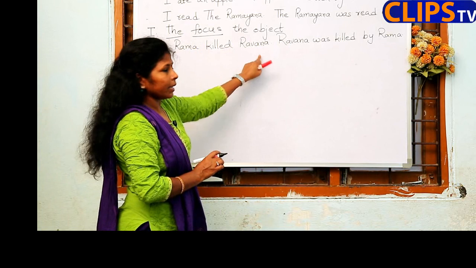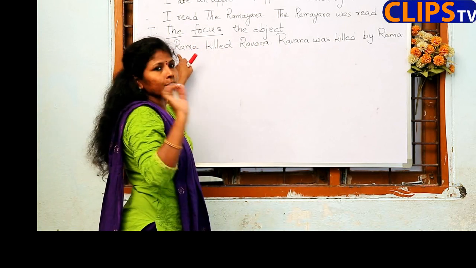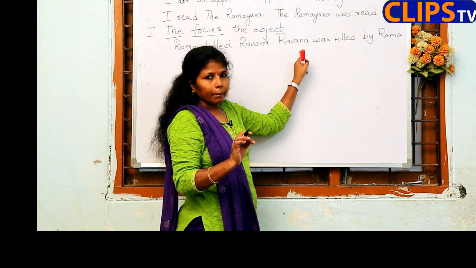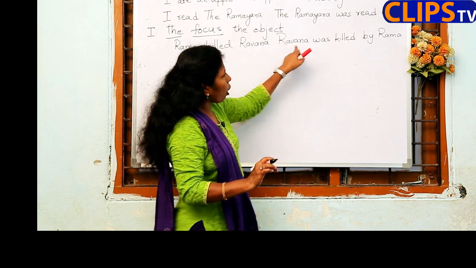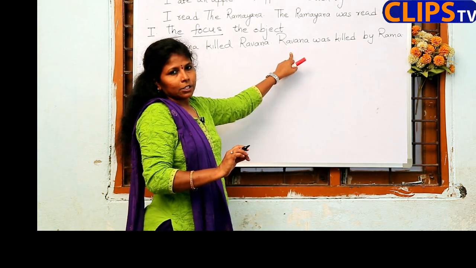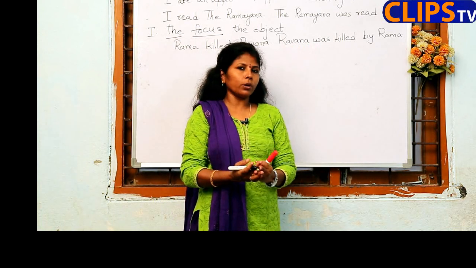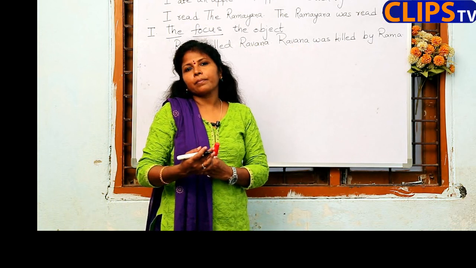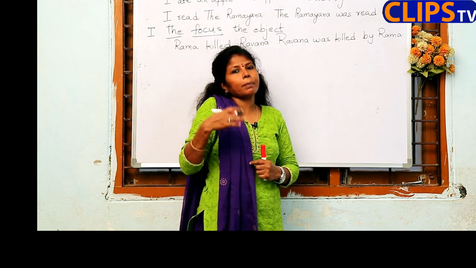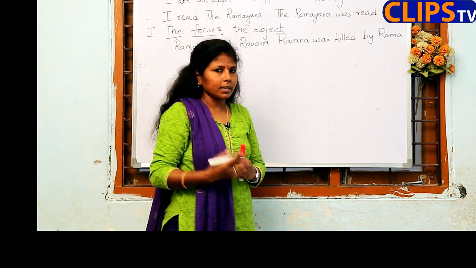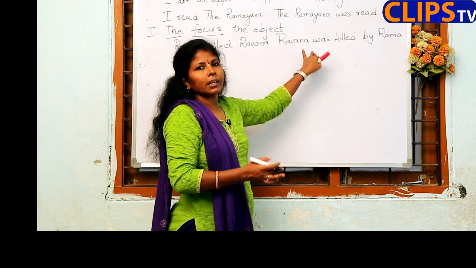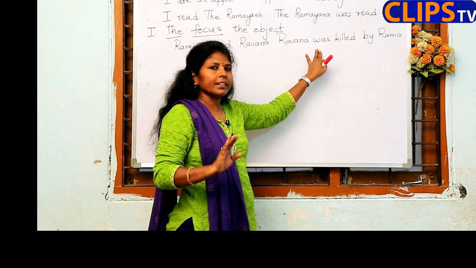Rama killed Ravana: here, the subject is the focus. But when we change it into passive voice, here the object is the focus. Especially when you are telling a story from the point of view of Ravana as the protagonist, the person of interest whom we want to focus on, then we use the object. So in this case, using passive voice seems very natural.